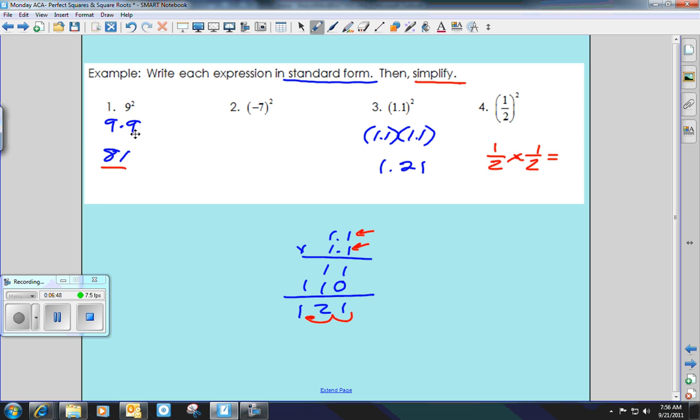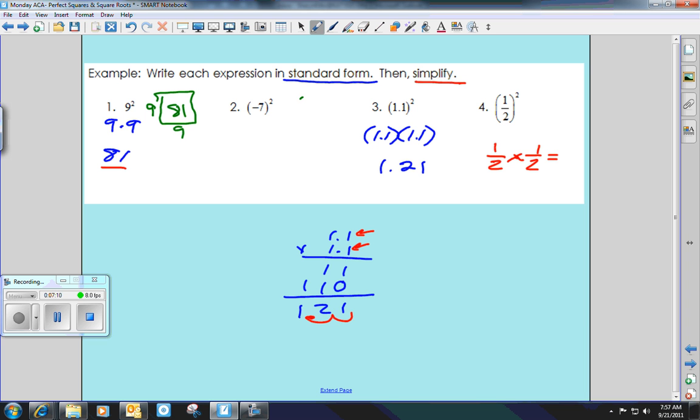I'm going to back up just for a second here. When we have 9 times 9, we could draw this as a picture. Okay? We have a square. We're doing squared here. We have a square. It's 9 on one side and 9 on the other. Length times width will be 9 times 9, and the area of that is 81. All right?